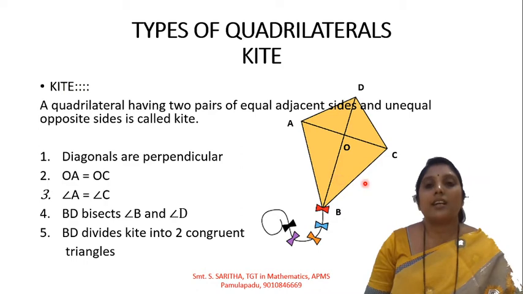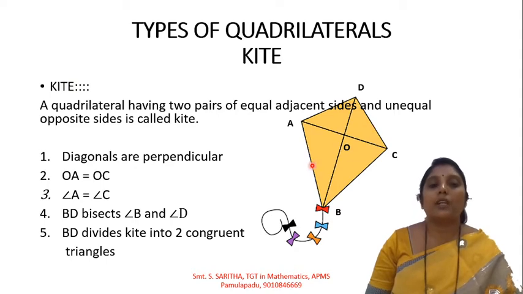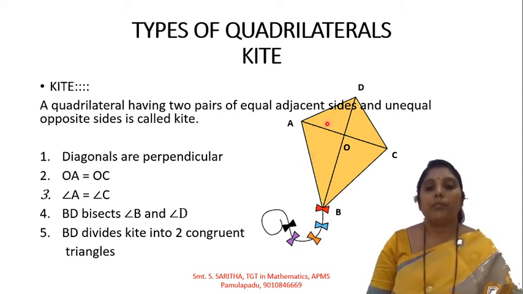AB and BC are another pair of adjacent sides. If you observe the opposite sides in this quadrilateral, the opposite sides are not equal. Such a quadrilateral is called a kite. A kite is a quadrilateral with two pairs of equal adjacent sides and two pairs of unequal opposite sides.